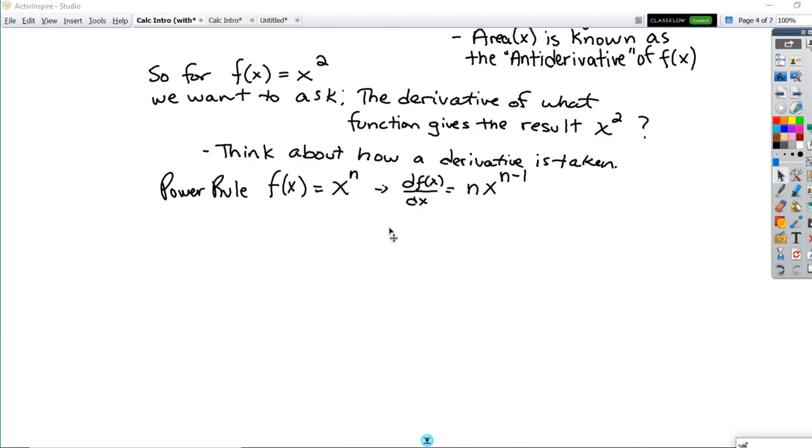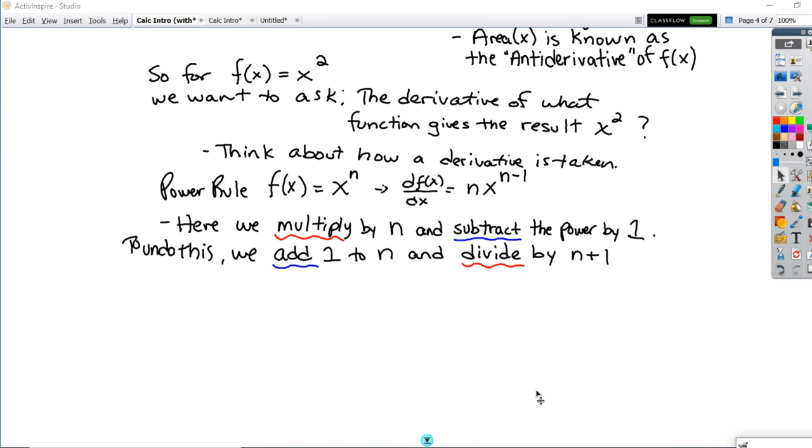Well, if you think about how a derivative is taken by using the power rule, we bring the power down and we subtract the power by 1. We basically want to undo this. So here we're going to add 1 to the power and then divide by that new power. That should reverse the process. So we add 1 to n, and then we divide the whole thing by n plus 1.